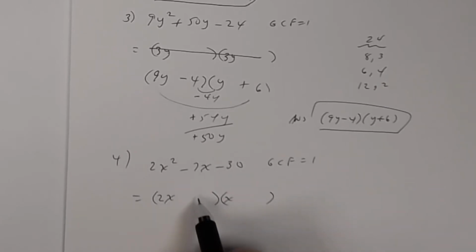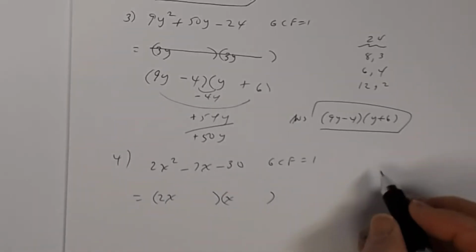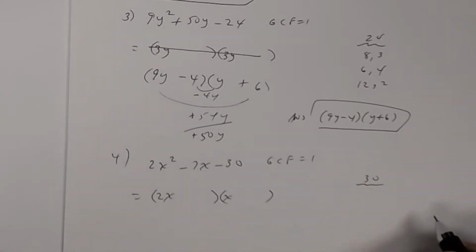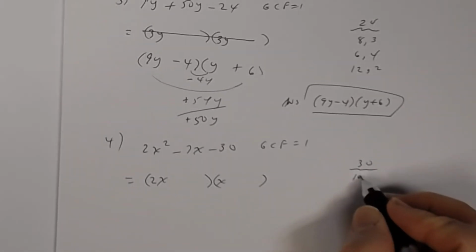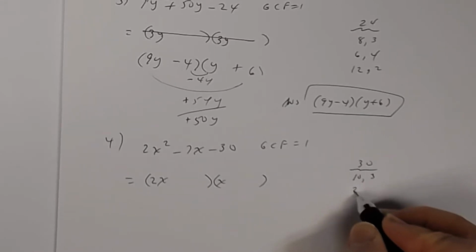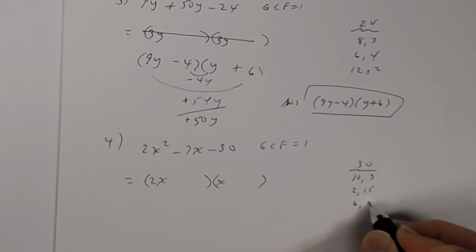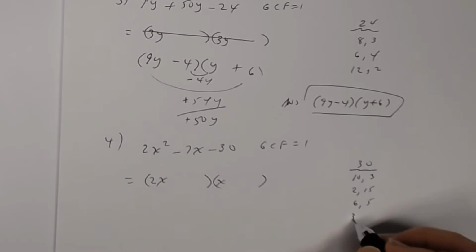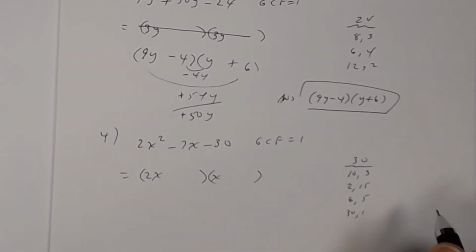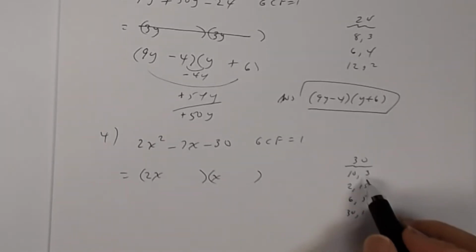The last sign is negative, so that means these signs in here are going to be different, one positive, one negative. But let's talk about 30. There are several possibilities for 30. There's 10 times 3. There is 2 times 15. There's 6 times 5, right? And then there's 30 times 1, obviously.